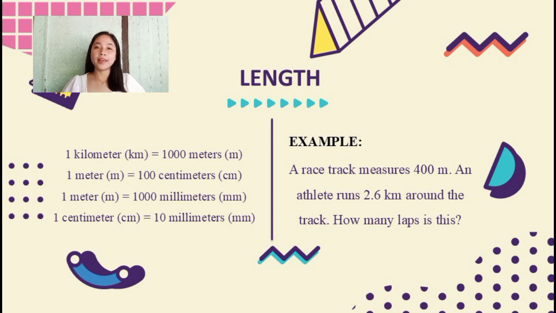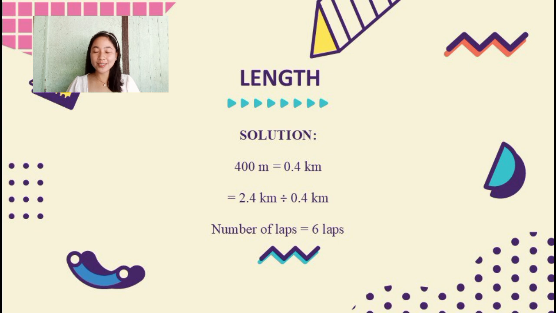The example is a racetrack that measures 400 meters. An athlete runs 2.4 kilometers around the track. How many laps is this? The solution for this problem is 400 meters is equal to 0.4 kilometers, right?